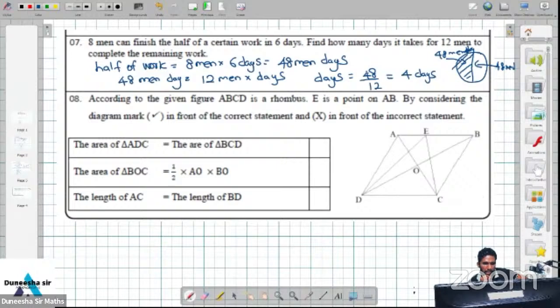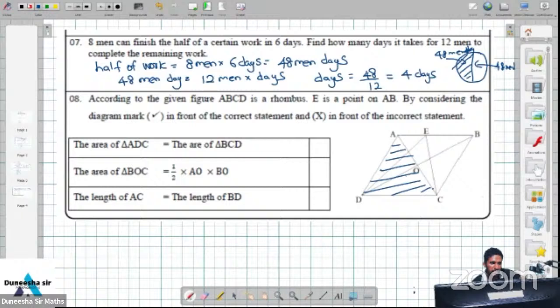Area of ADC, the area of triangle ADC. Area of BCD. What is ACD? ACD triangle. It says the area equals BCD.